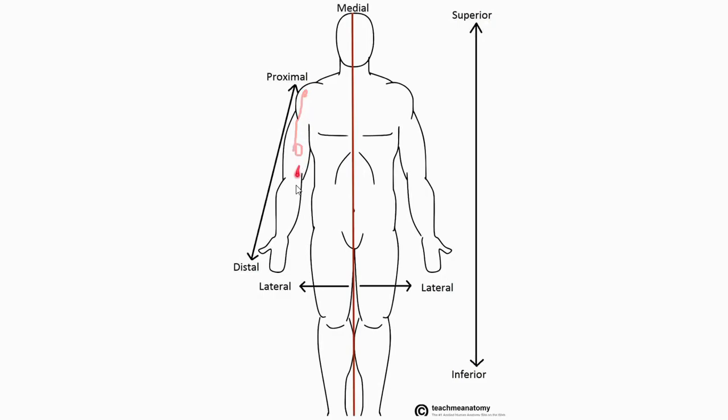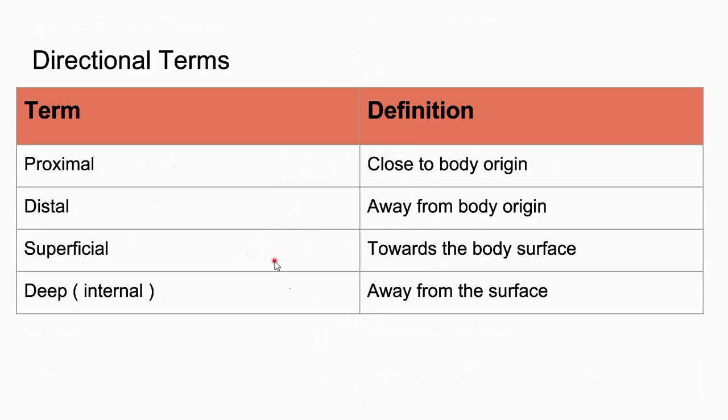Then we can say that the palm of your hand is distal to the elbow, it's further away from the elbow. So proximal means close to the origin, distal means away or far from the origin.